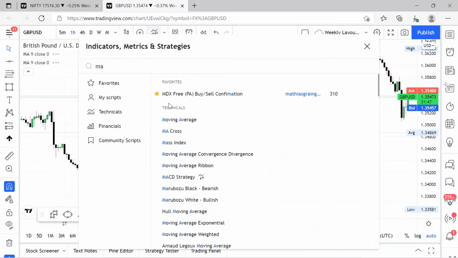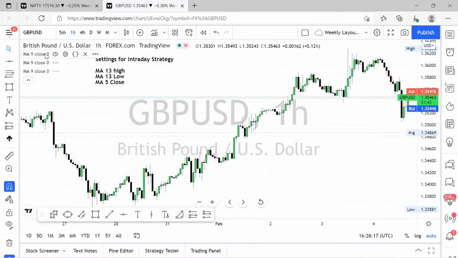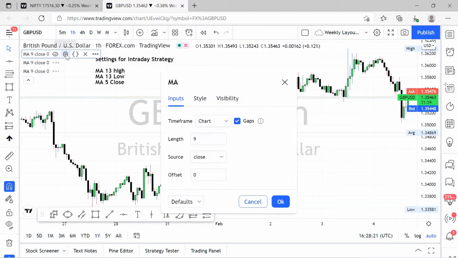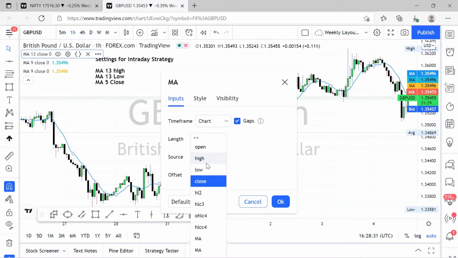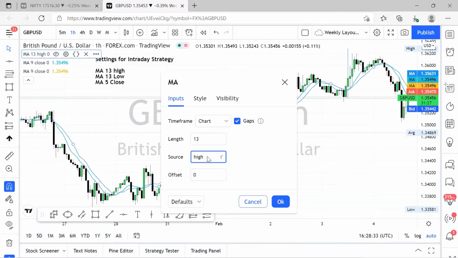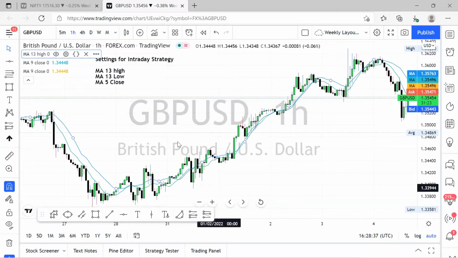Once I've got the moving averages, go to the settings of the first one and type in moving average 13. And where it says source, change that to high. Okay, the first one done.